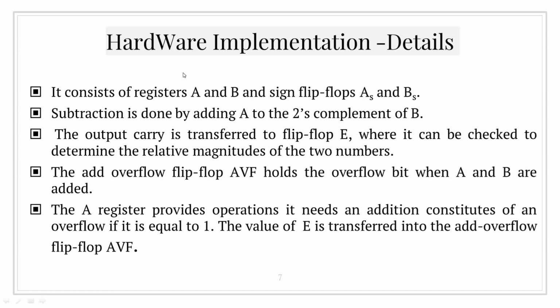Here we will see the implementation of hardware in detail. It consists of registers A and B and sign flip-flops AS and BS. Subtraction is done by adding A to the 2's complement of B. The output carry is transferred to flip-flop E, where it can be checked to determine the relative magnitudes of the numbers.